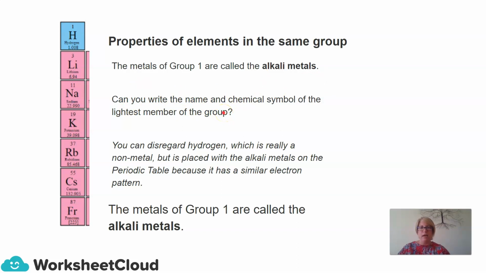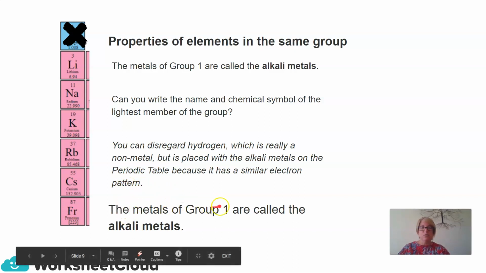Okay, but hang on again, before we go any further, it's alkali metals. What happens about hydrogen? Hydrogen is a gas, it's not a metal. So you can disregard hydrogen because hydrogen is really a non-metal, but we place it with the alkali metals in the periodic table because of the electron pattern that I've just been speaking about.